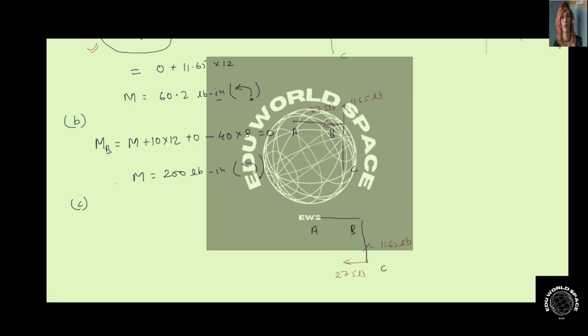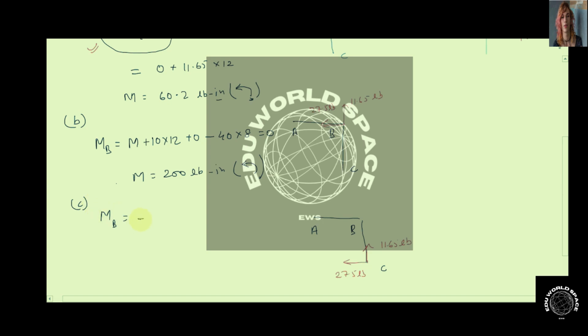So the moment in the equivalent system about point B can be written as follows. This 11.65 pound force will have zero effect since it passes through the point B, so the only moment will be because of this 27.5 pound force, and this will cause a clockwise couple.